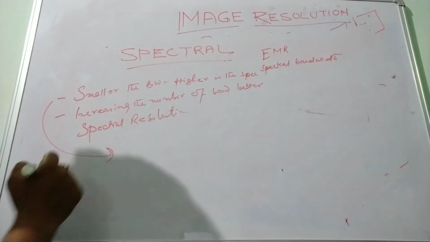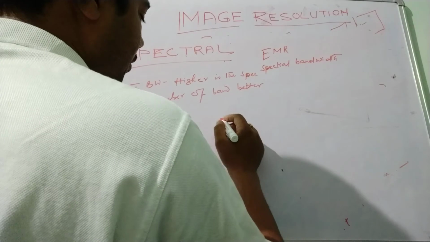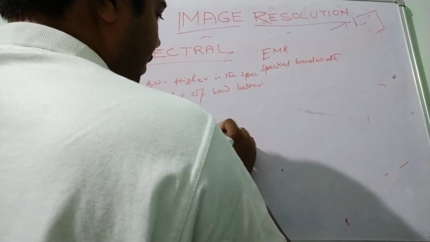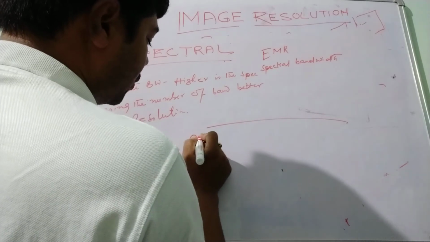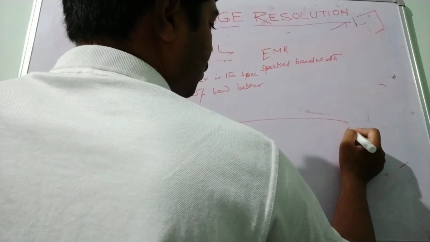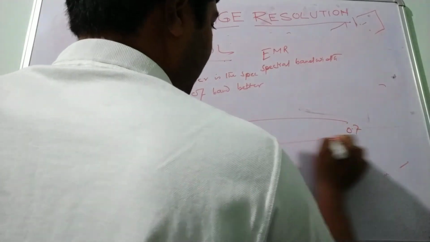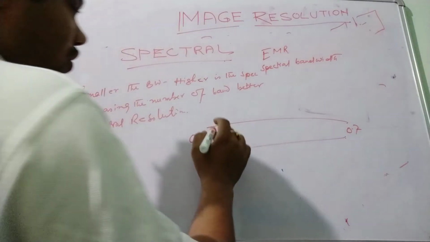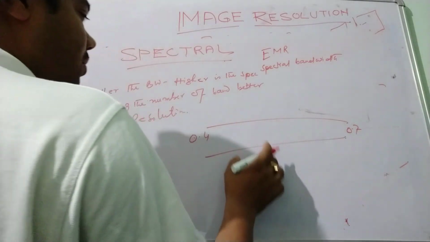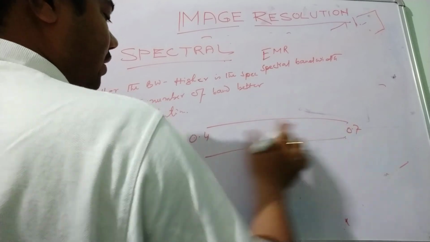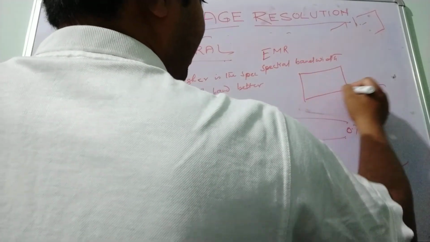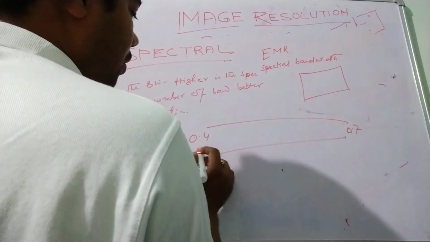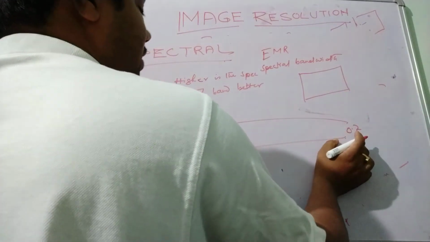How is it possible? Suppose this electromagnetic radiation, we are considering 0.4 to 0.7 in the visible spectrum. If I take an object within this single length, that is the pixel, it is acquiring the information in 0.4 to 0.7.